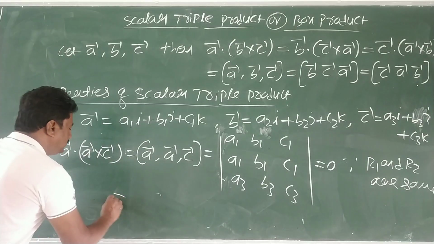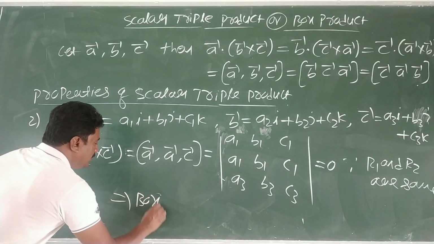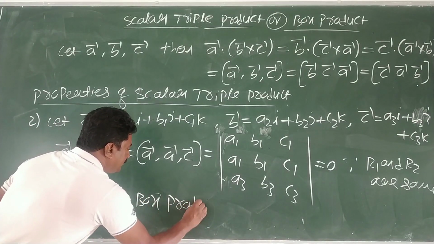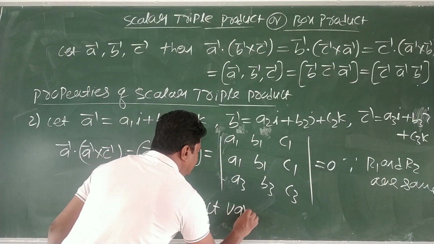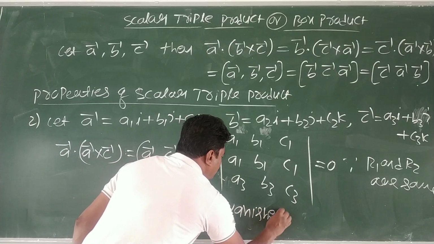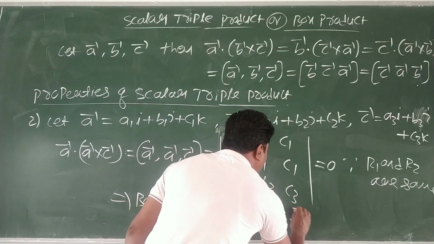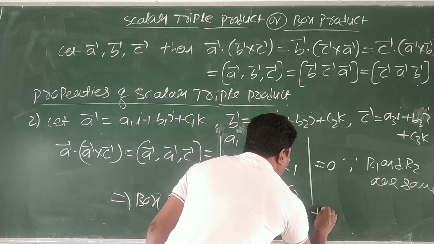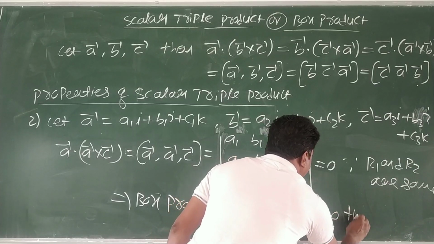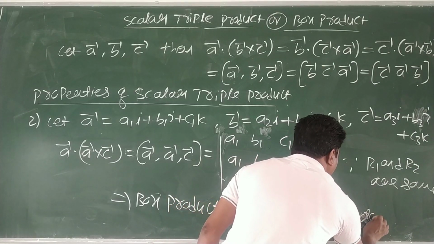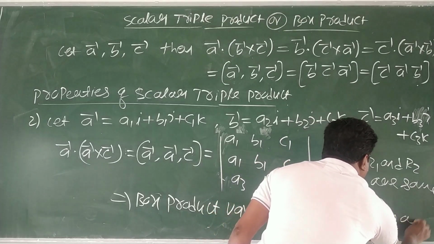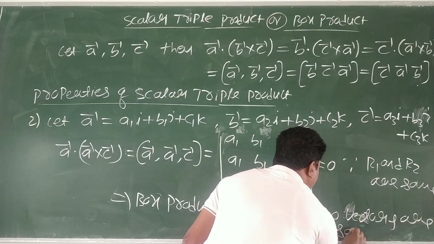That implies the box product vanishes if two vectors are same.